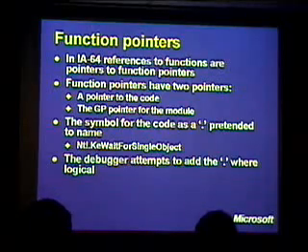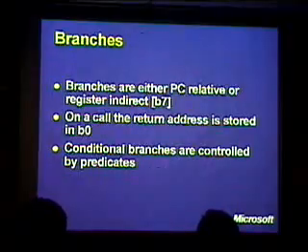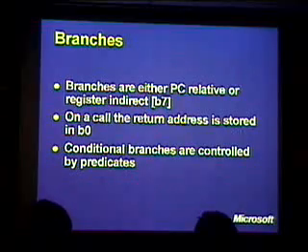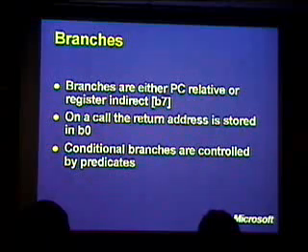The debugger pretty much hides the issues with the dots for you, so you don't have to worry about that too much. Branches are either PC relative or indirect off of one of the 7 or 8 branch registers. When we make a call, the return value would be 0, and all the conditional branches are controlled by predicates.